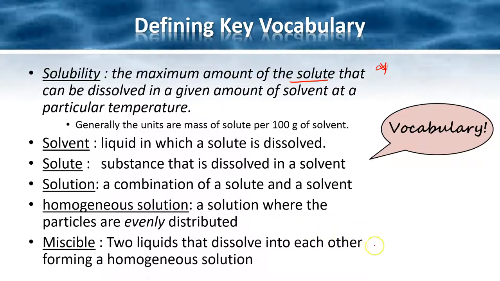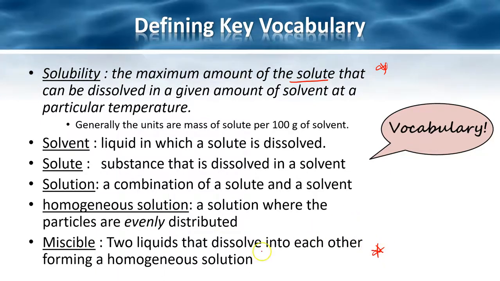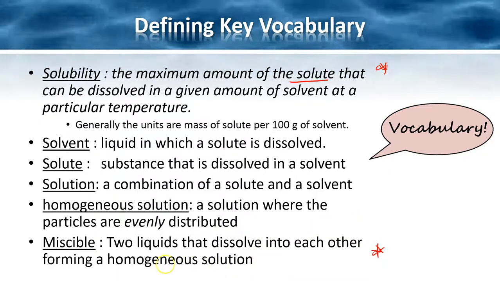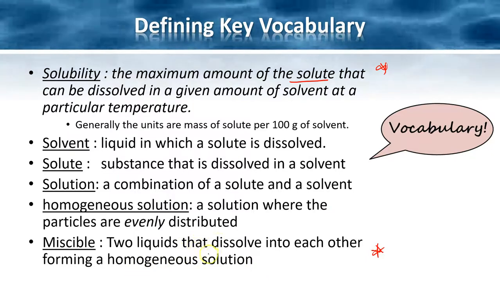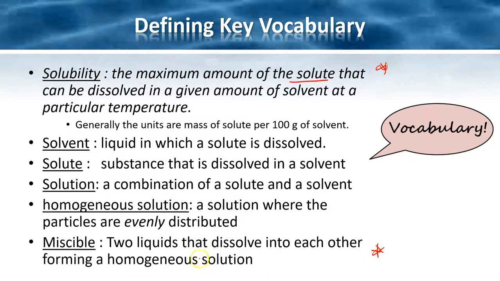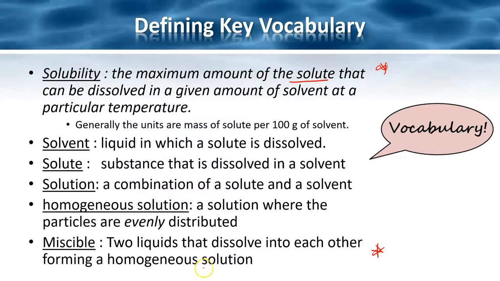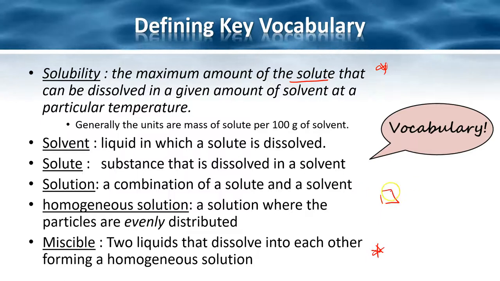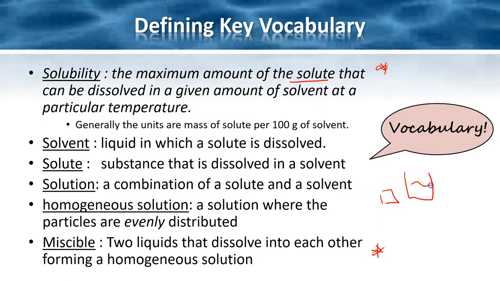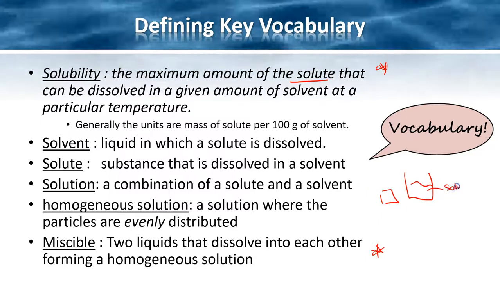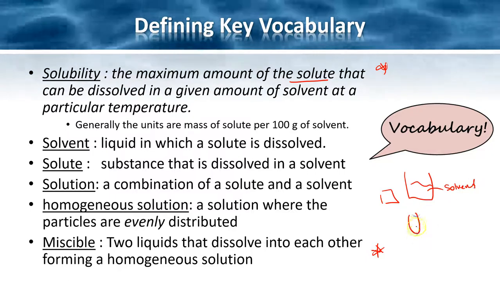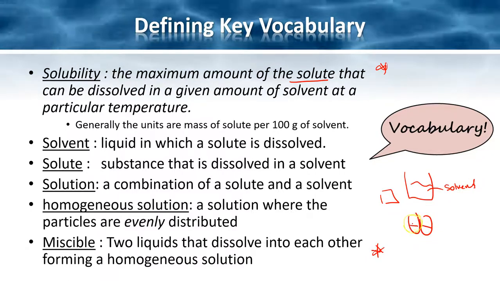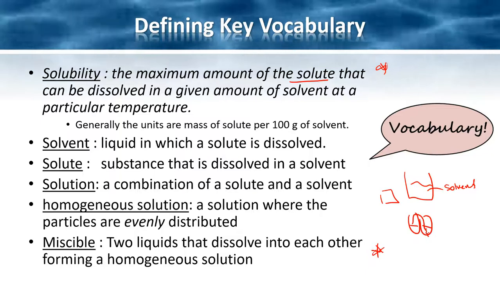And then this one you may or may not have heard of before is miscible. Two liquids are miscible when they dissolve into each other, forming a homogeneous solution. So instead of having a solid solute and a liquid solvent, this is when you have two liquids that mix into each other and go together.